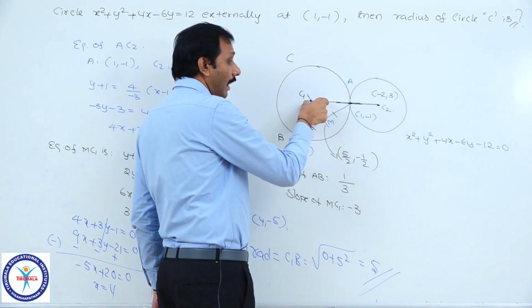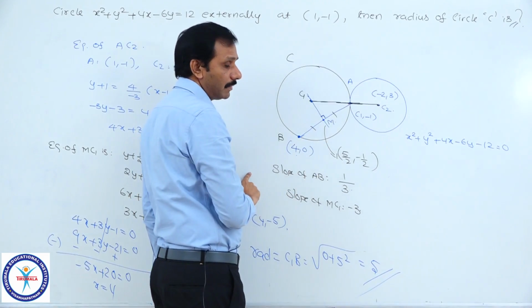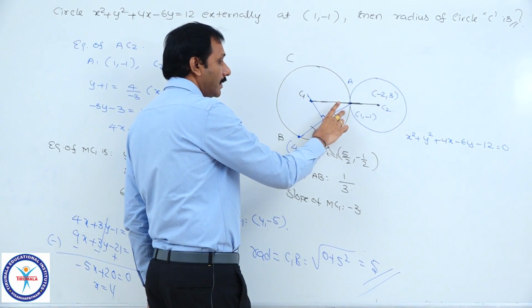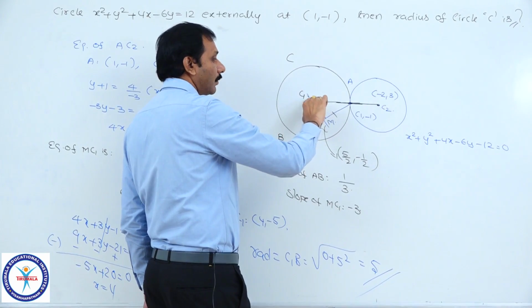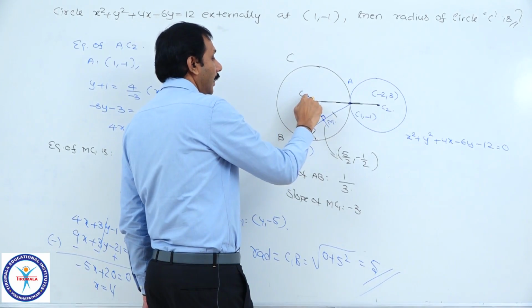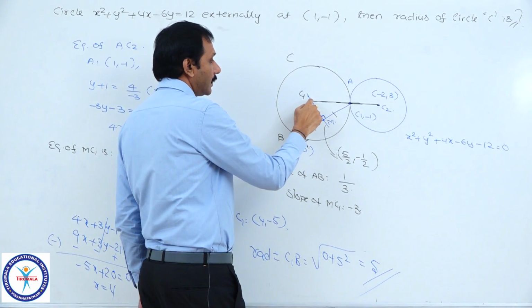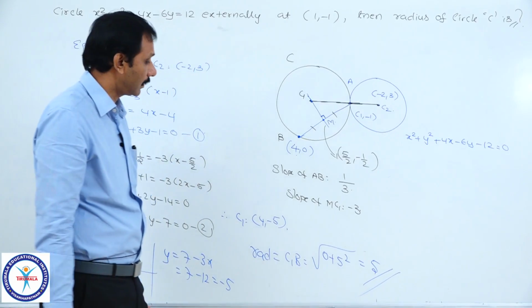Therefore, I get one normal equation at (1, −1). And because one more point is given, it is a chord, and if I find its perpendicular bisector, that also passes through the center. The intersection of this line and this line will give the center, and the distance from this point to this one will give the radius of the circle.